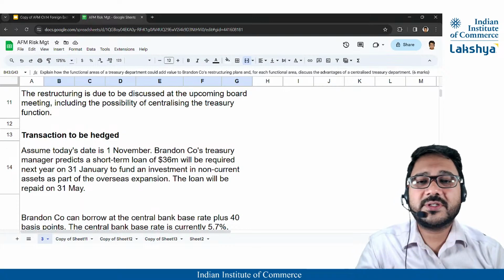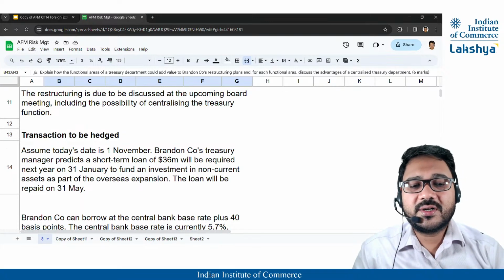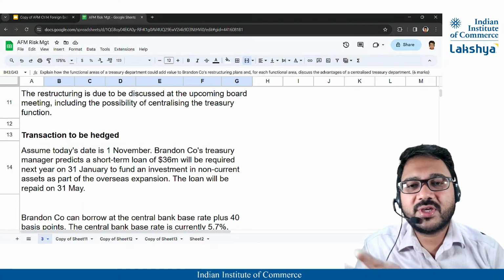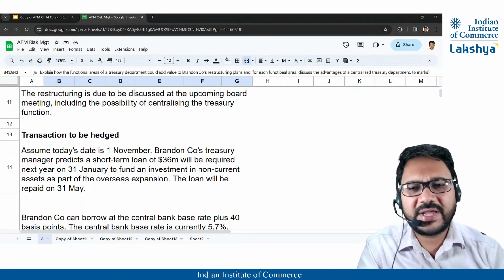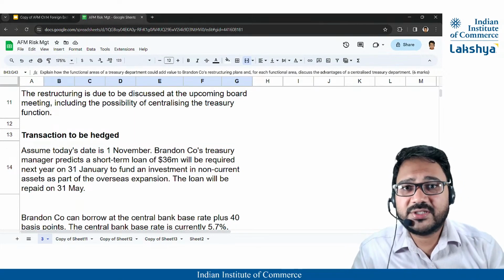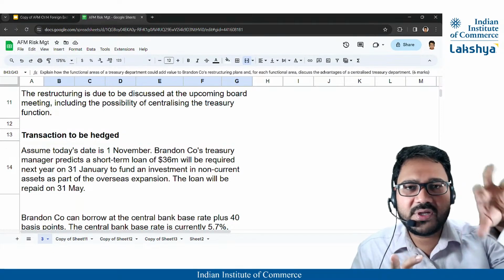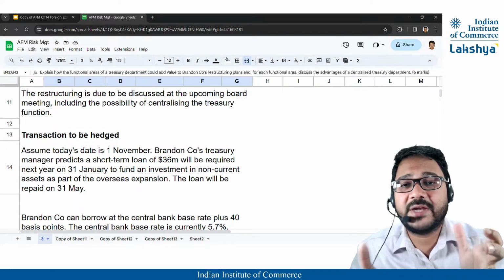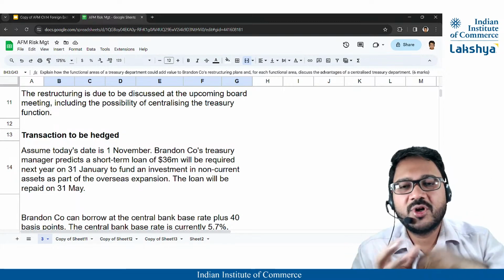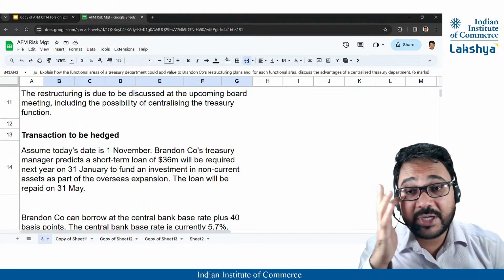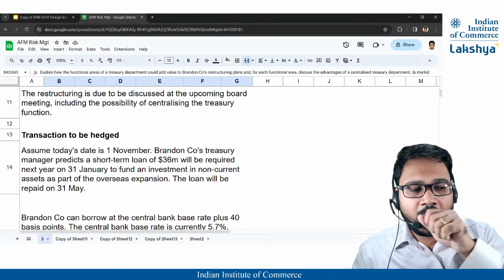So netting is possible, matching is possible, and hedging of foreign currency, even by using derivative instruments, because for derivatives you need a specialized team. So instead of having a specialized team in every regional office, it's better to have one specialized team overseeing everything, thereby bringing down your costs.